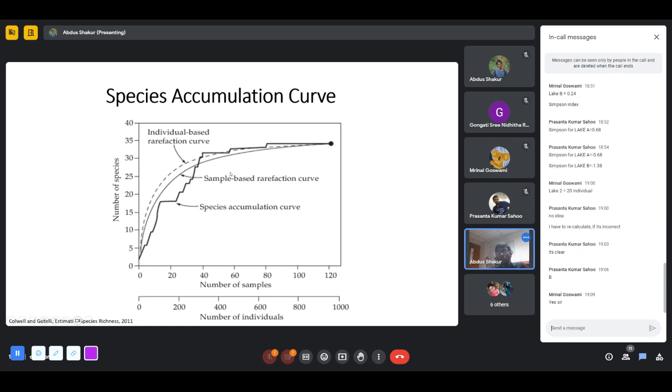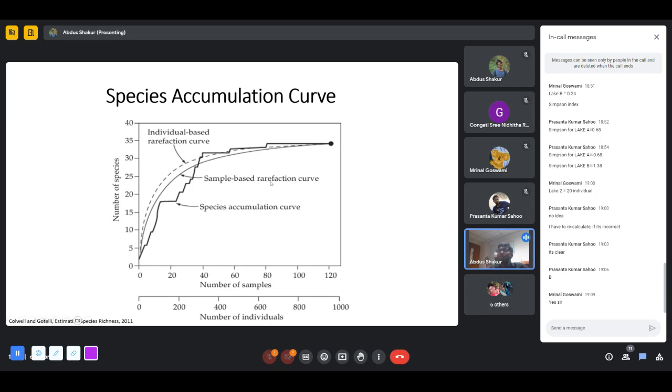This original individual curve is the species accumulation curve; you can call the mean values the rarefaction curve. You can do it for the number of individuals, and you can also do it for the time spent observing birds in this example.